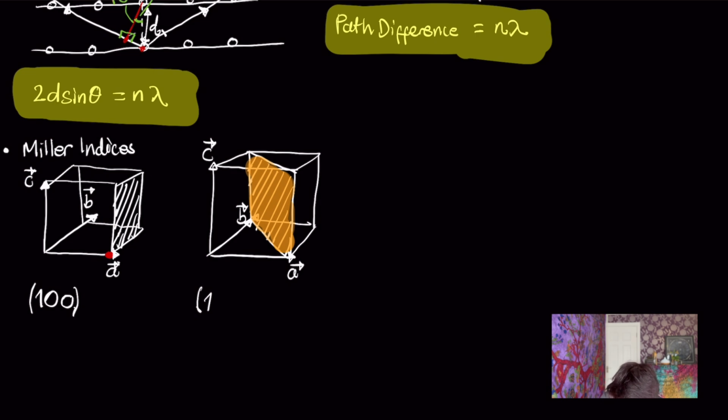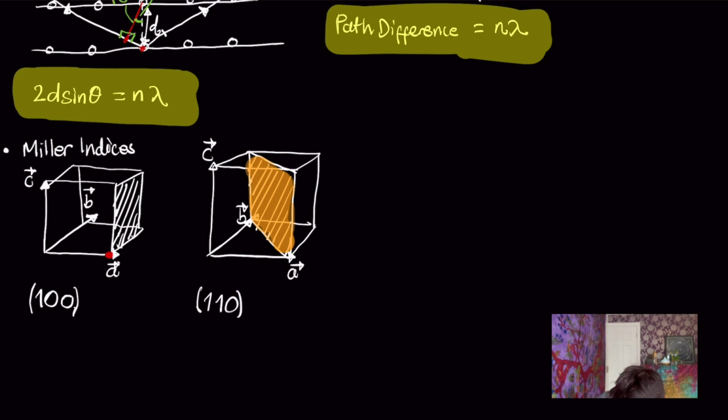What about B? This time we can see that it intercepts all the way along B. So yet again, 1 divided by 1 is 1. And C right here, we can see that this plane does not intercept C whatsoever. So we can say it intercepts at infinity. Therefore, 1 divided by infinity is 0 right here.